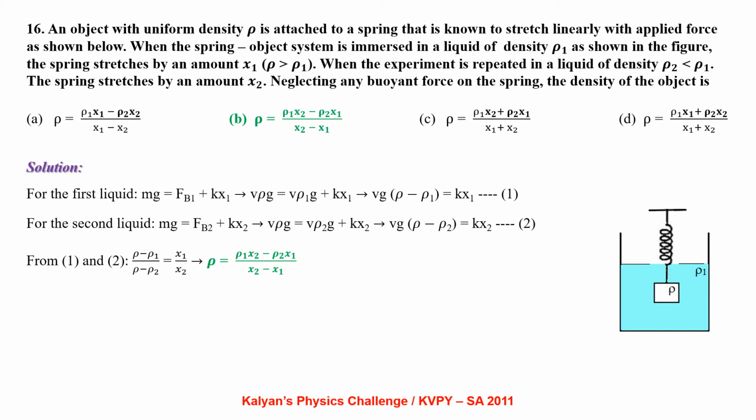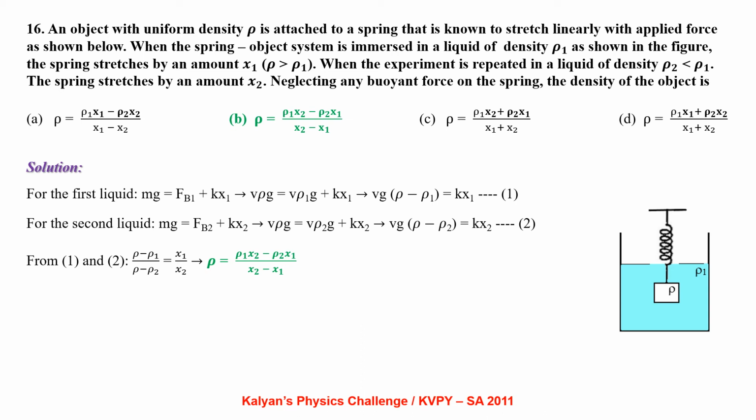For the first liquid, we can write mg equal to fb1 plus kx1, that is downward gravitational force balanced by upward buoyancy force and restoring force developed in the spring. Mass can be written as volume into density, so Vρg equal to V into ρ1 into g plus kx1, which gives Vg of ρ minus ρ1 equal to kx1.